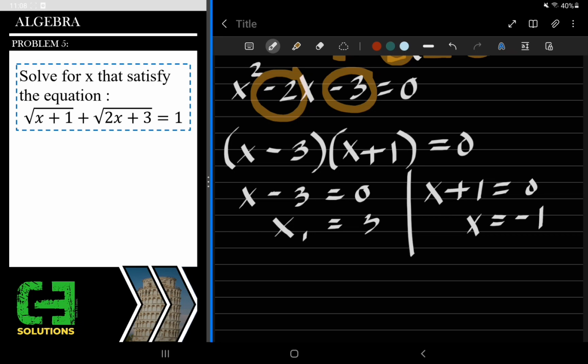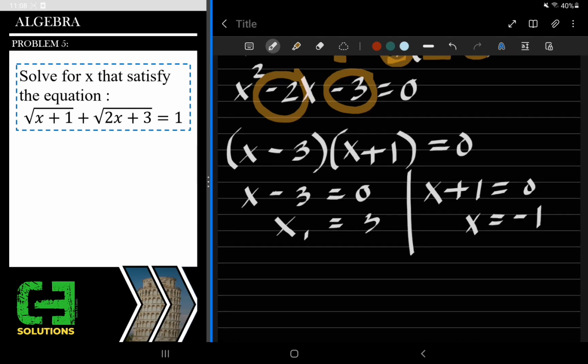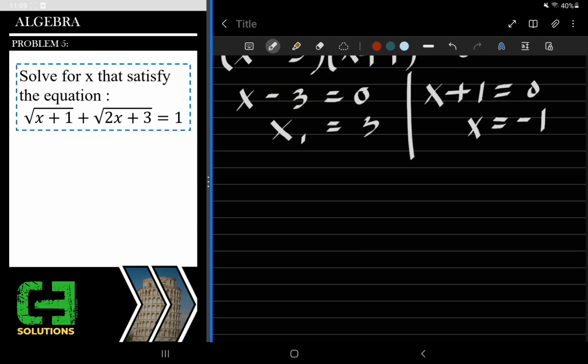So we cannot say that this is the final answer because we have to check if positive 3 and negative 1 will satisfy the original equation. Okay, so let's check, guys. Now we will substitute the value x equals 3 to our original equation to see if it will equal 1.